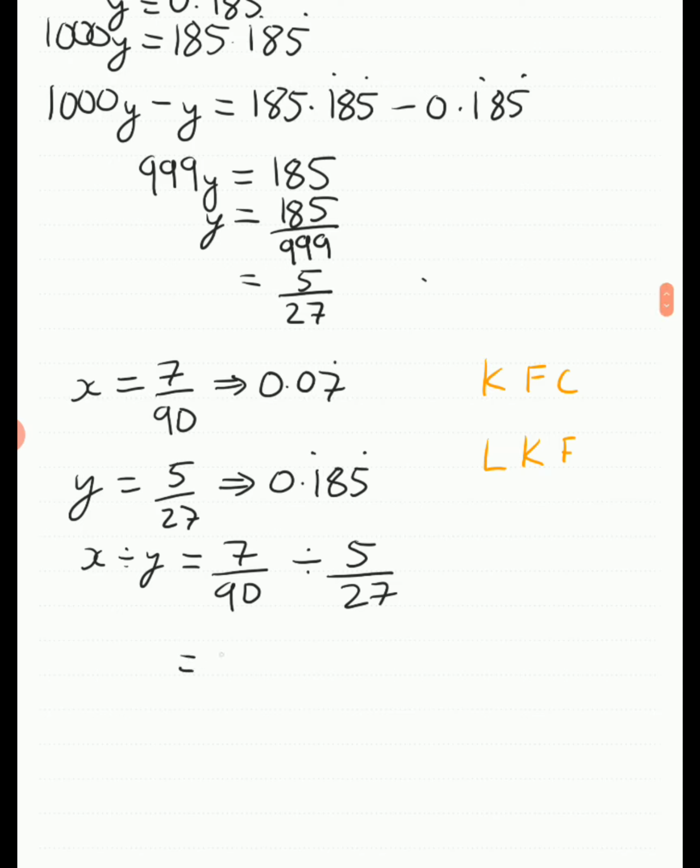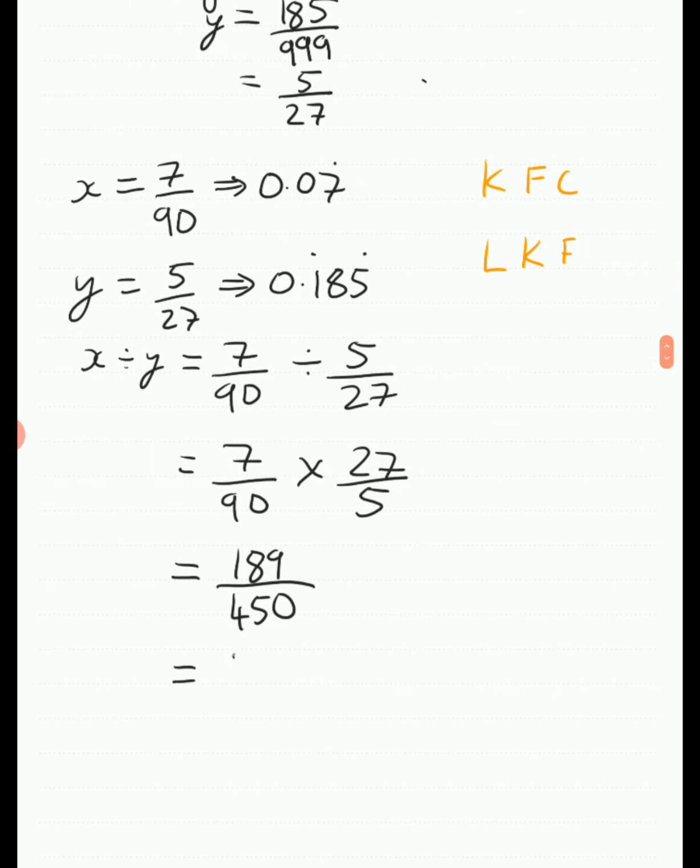So that'll be the same as 7/90 multiplied by 27/5. This gives us 189/450. That's the same as 21/50. And if you want to, you can leave your answer as a decimal because this does give us quite a nice decimal of 0.42.